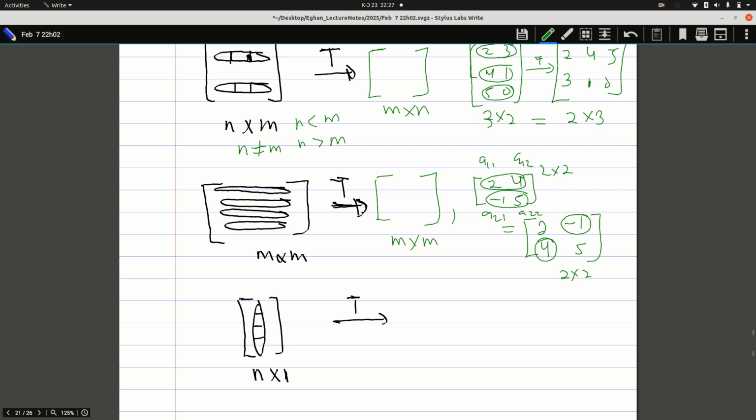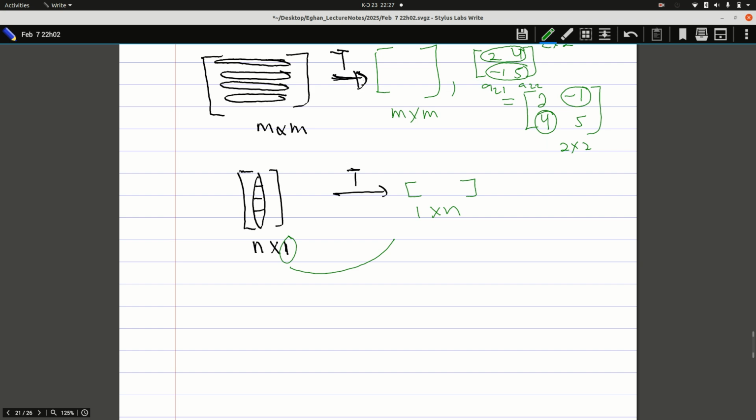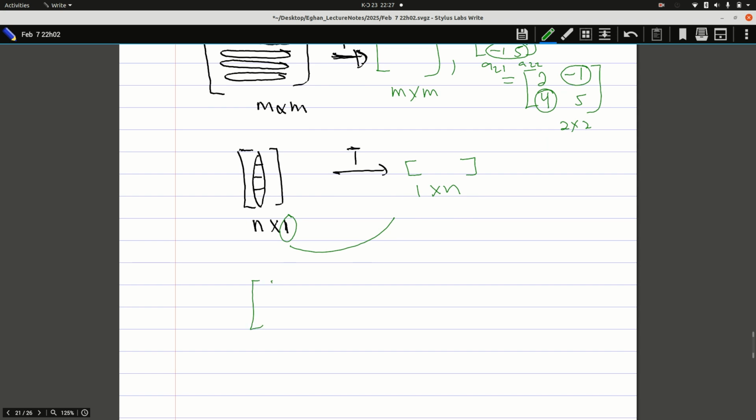The last thing I want to do under transpose: if I have a column, I've already talked about this, it's a column because I have one column. This will end up becoming a row vector to give me 1 by n. An example is I have 2, 3, 1. That's a column vector. It has 3 by 1 rows.